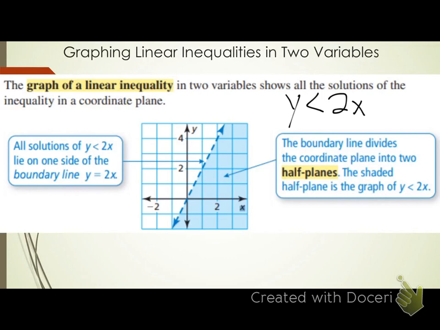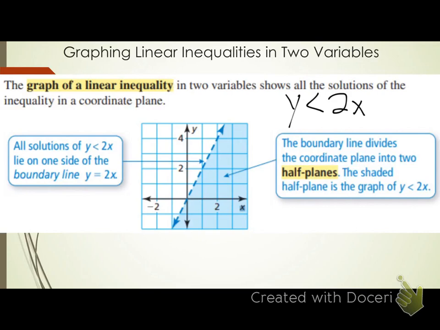So we're graphing y equals 2x. What's the y-intercept for y equals 2x? 0. So our starting point is 0. Slope is 2 over 1: up 2, right 1, up 2, right 1, down 2, left 1.